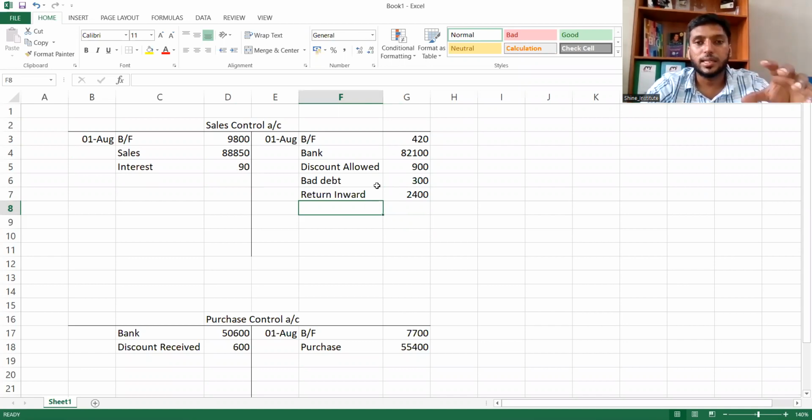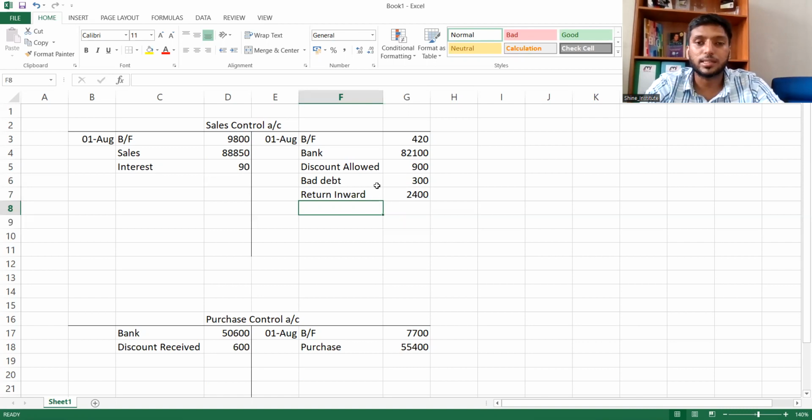Set off is like the debtor having an interaction with the creditor. In an easy way, we are a business, we are selling to the customer, and also we are purchasing from the same customer. If we are selling some goods to the customer, the customer in our books is a debtor. If the customer is selling some goods to us, the customer in our books will become a creditor.